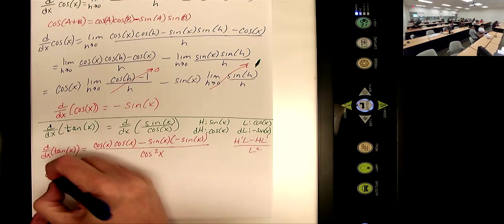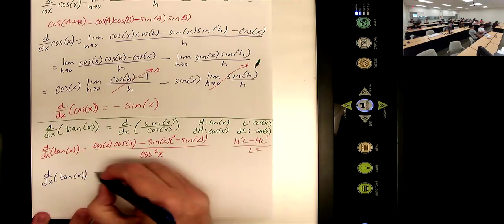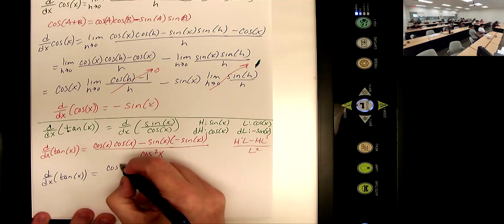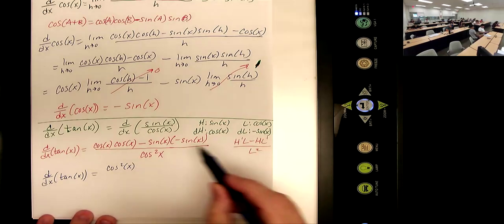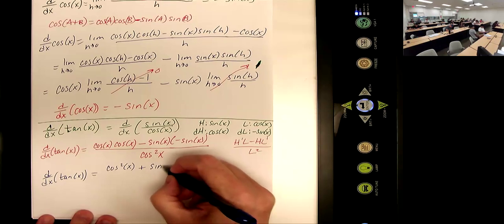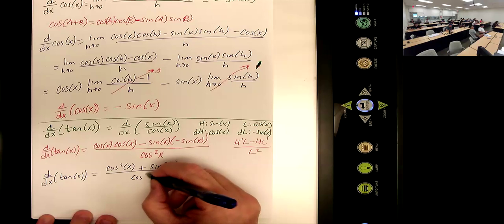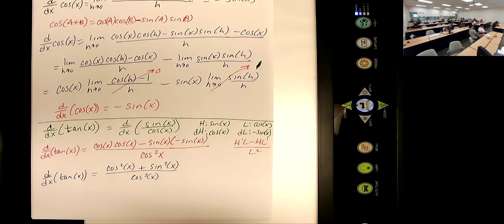So clean that up a little bit. We have cosine squared x for the first part. And then I have minus minus is a plus. Sine x times sine x is sine squared x over cosine squared x. What's the top equal?